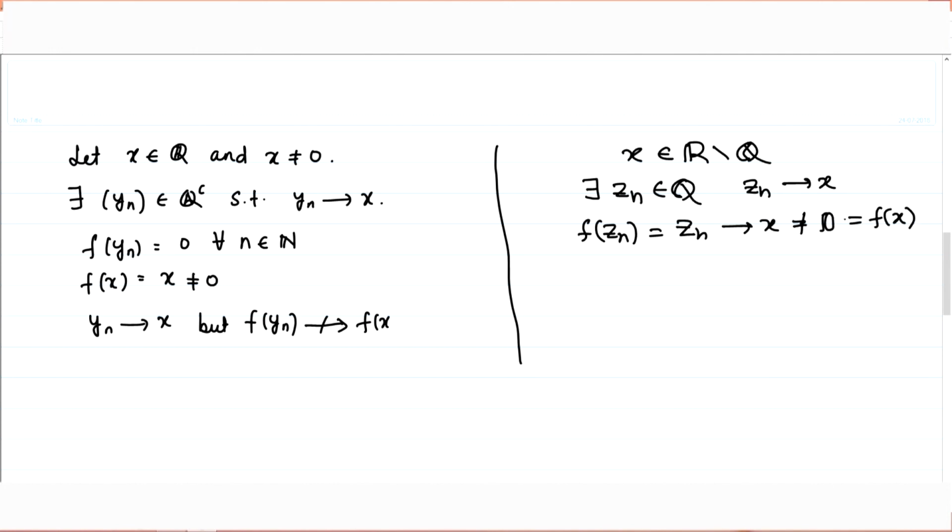But why is f of x 0? Because x is irrational. So zn is converging to x, but f of zn is not converging to f of x. That implies that f is discontinuous at all irrational points.